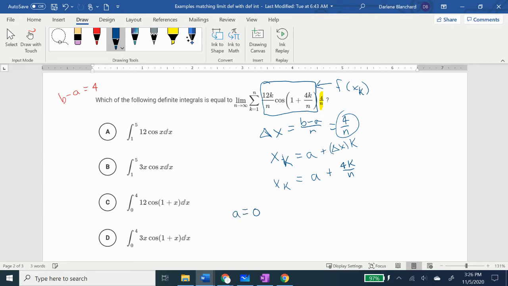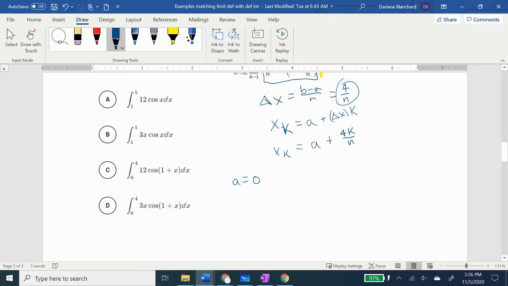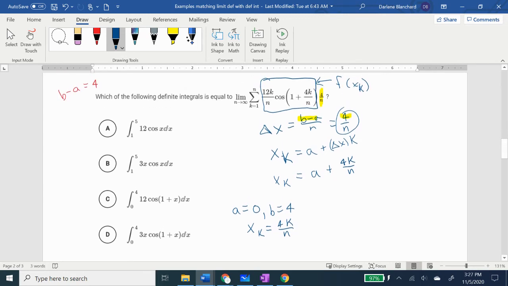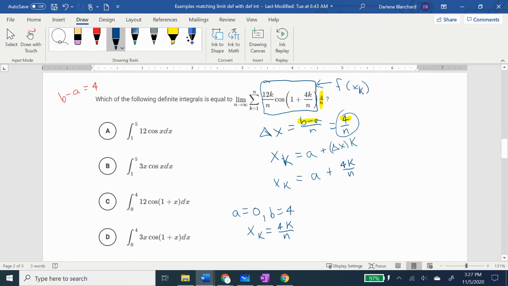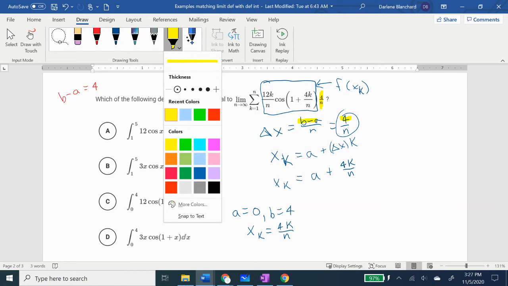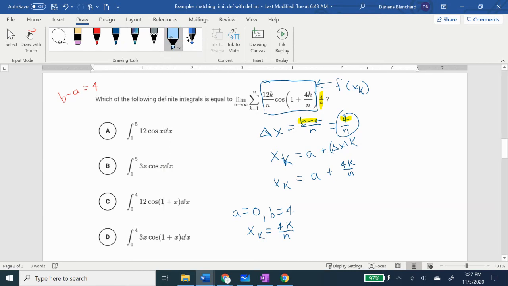Let's start with what if a is equal to 0. If a is equal to 0, then b has to be 4 more than that, because b minus a is equal to 4. And if a is equal to 0, then my x sub k formula is just 4k divided by n. So I'm going to come back to my f of x sub k, and I'm going to look for every time 4k divided by n shows up.